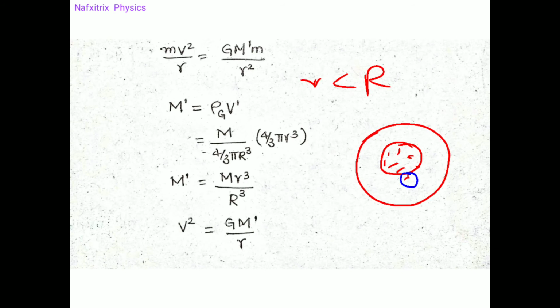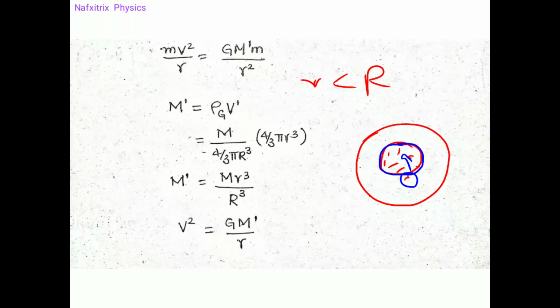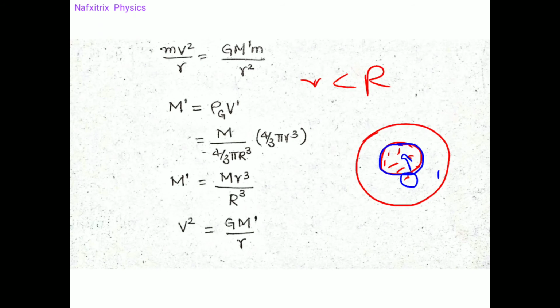This star faces gravitational pull because of the stars inside only. The force of gravitational pull is towards the center of the galaxy. So only these masses would be pulling this star towards the center of the galaxy, but not the masses present outside the galaxy. They won't pull it, they won't apply force on this particular star.